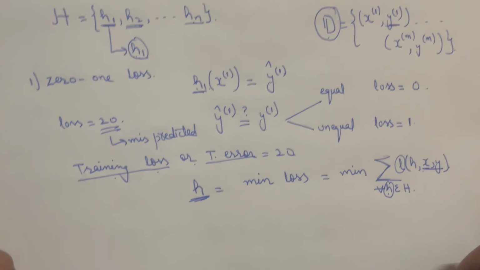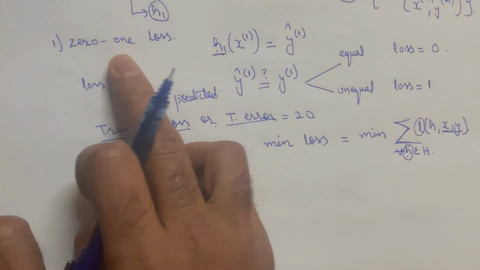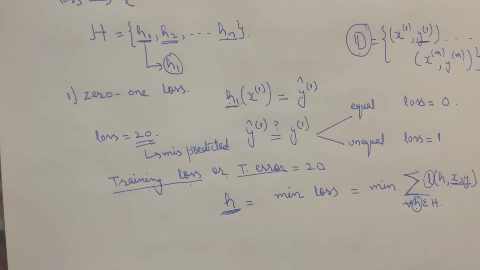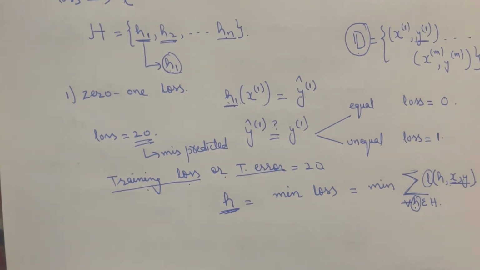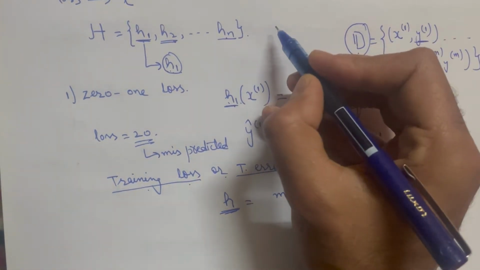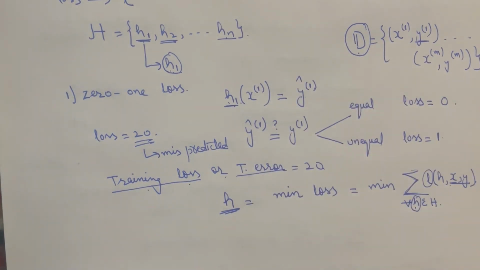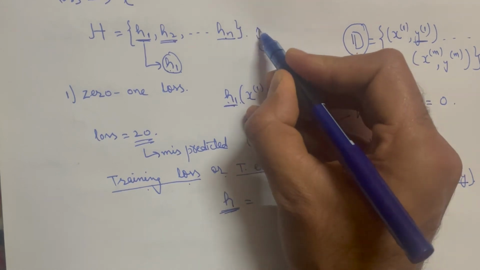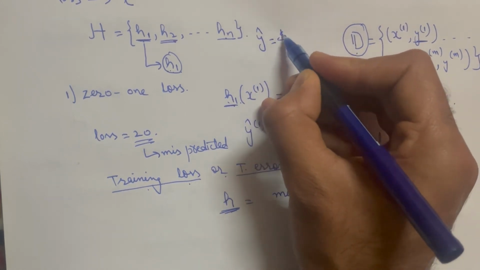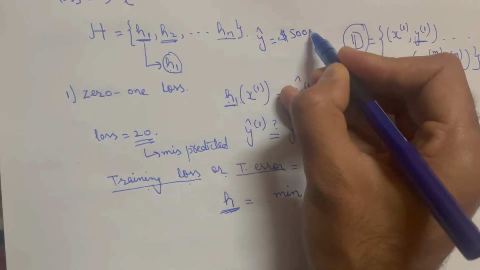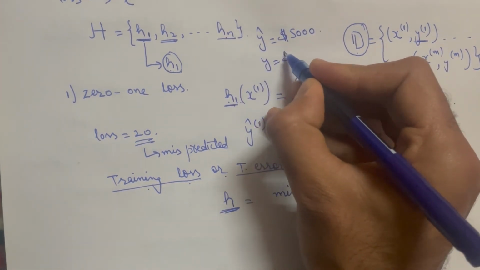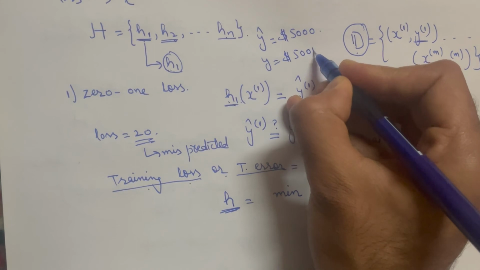Okay, so this is one kind of loss, but this particular loss is very rarely used. Why rarely used? Let's suppose we are predicting the price of a house. Let's suppose I have predicted the price is $5,000, and the actual is, let's suppose, 5,001.